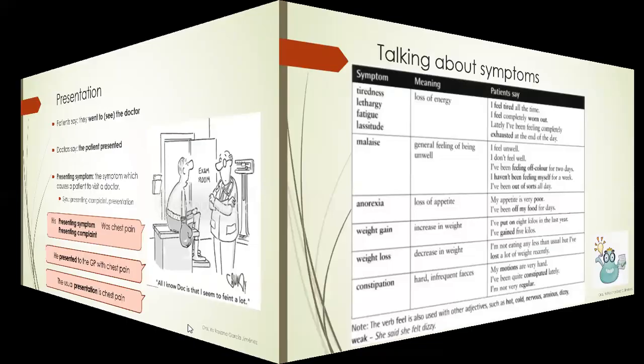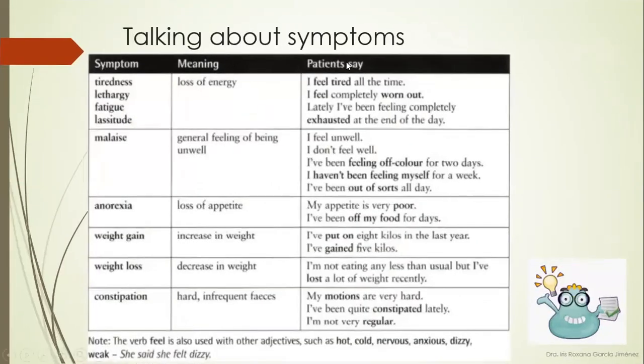About symptoms, talking about symptoms, we have this chart. Very important. That's why the blue guy is here, and we have to check this and understand that we have the patient expression, some ideas of how patients talk to us. We have the meaning of this expression, and we have symptoms that describe this phrase of the patient, right?